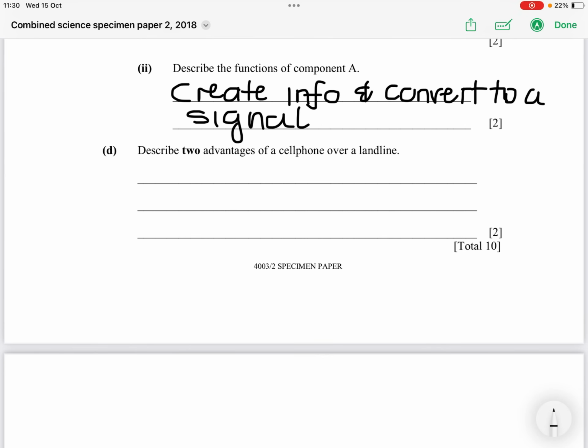Describe the 2 advantages of cell phone over a landline. So you can play the games, you can stream online, watch videos, read the books, listen to music, whereas the landline is only for receiving and outgoing calls. You can do online banking, which is not possible using the landline. So when we are giving advantages, you talk about these advantages.